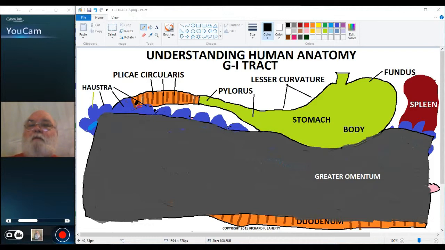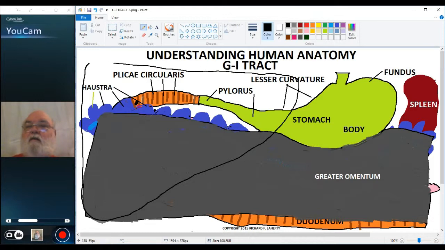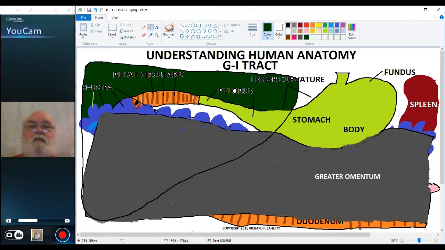And the last organ I'm going to draw in for this slide will be the liver. So the liver takes up a great deal of space. Like so. And let me color that in.